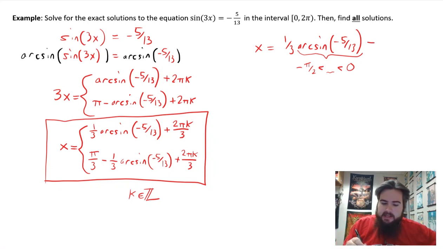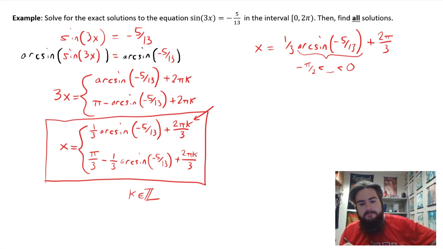But if I add one instance of 2 pi thirds to it, so I'm plugging 1 right now into k, well, now that will take a negative angle measure and add 2 pi thirds to it, which is going to, for sure, push it beyond quadrant 4, somewhere into quadrant 2 most likely.